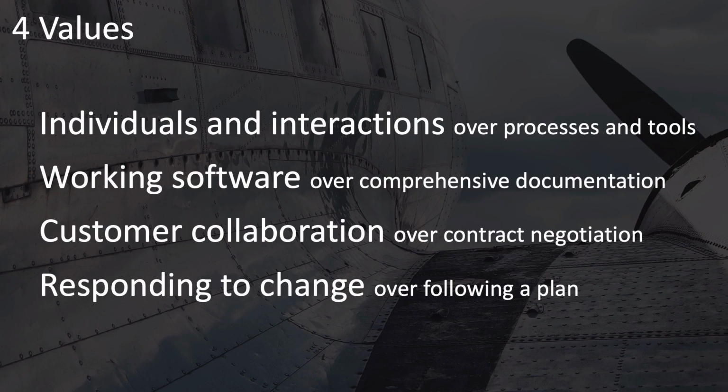Now, it's important to note that these values are expressed as something being more valuable than something else, but that something else isn't worthless. All too often, under the guise of an Agile approach, people will completely throw out all process, all documentation, all contracts, all plans, and that is a mistake.